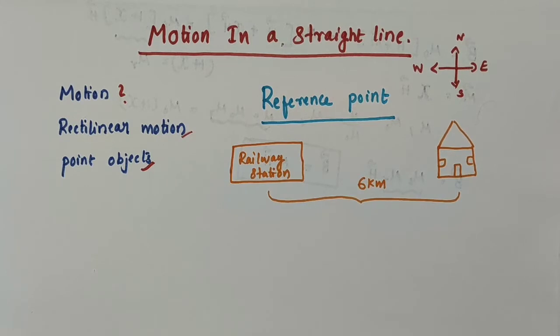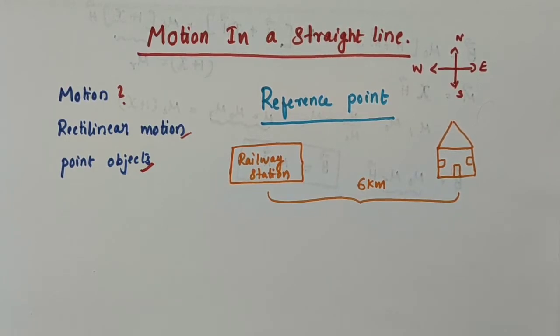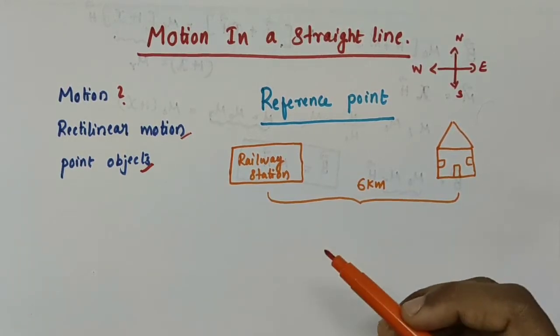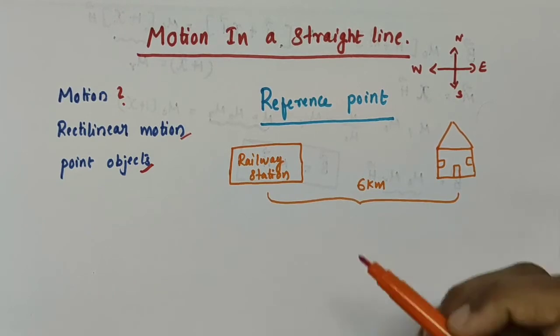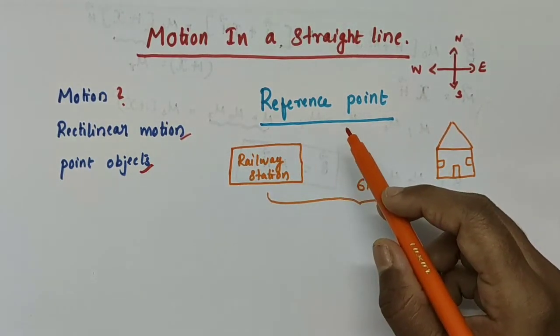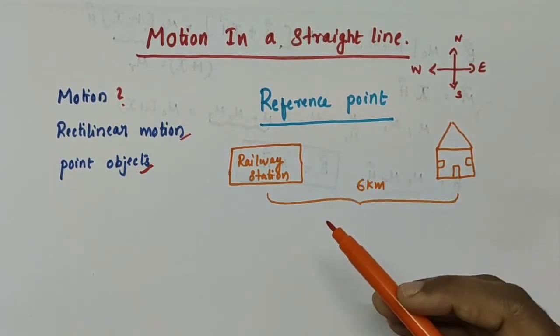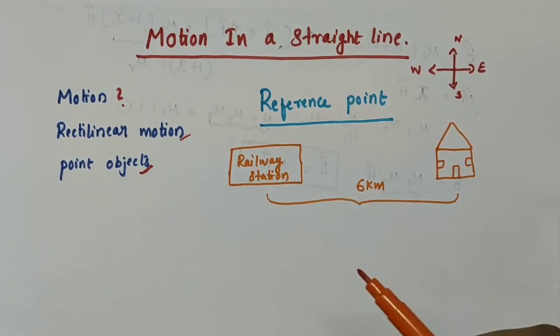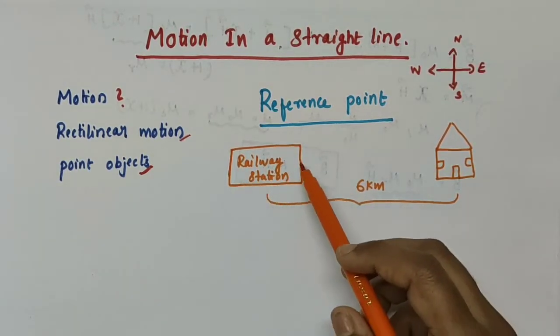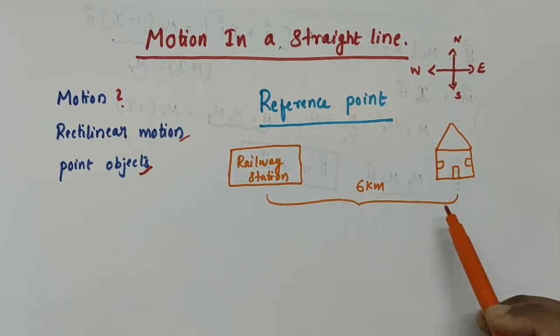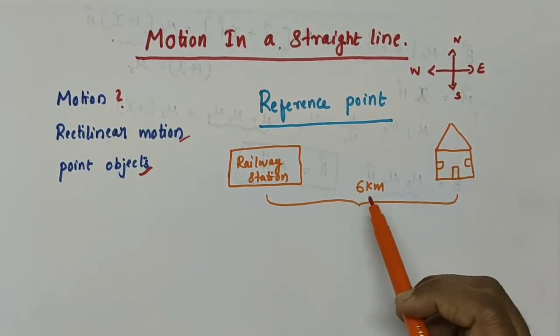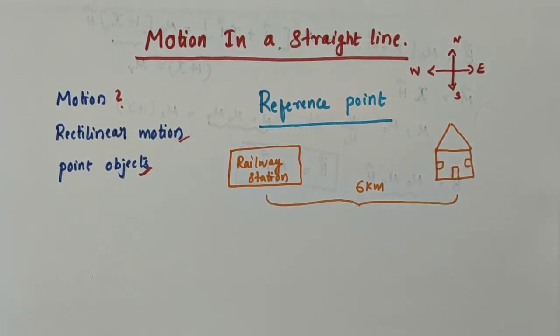You have learned in 9th standard that motion is the change in position of an object with time. In order to specify the position of an object, we need to use a reference point and a set of axes. What is a reference point? Suppose a railway station is here and your house is somewhere here, 6 kilometers away from the railway station.